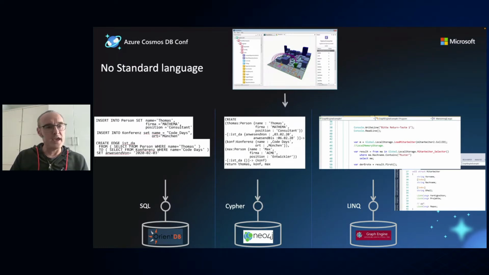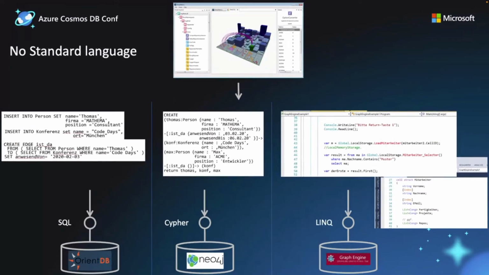As you can see, there is no standard as we have in SQL for relational databases. One example, OrientDB, they have a SQL-like query language. The other example, Neo4j, which is one of the most famous graph databases using Cypher, a proprietary language.